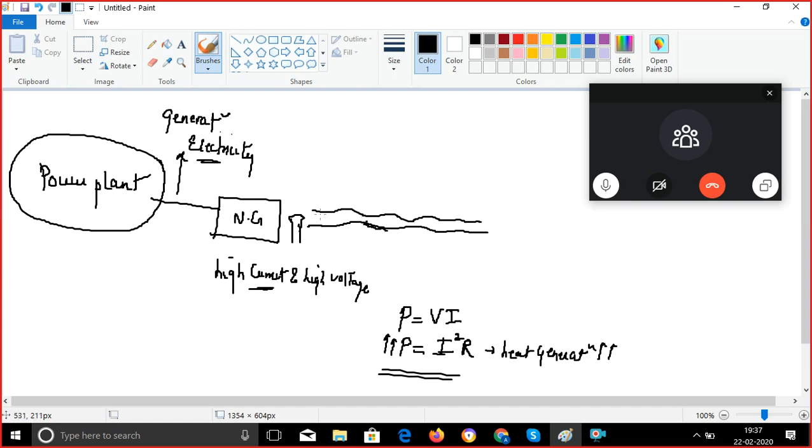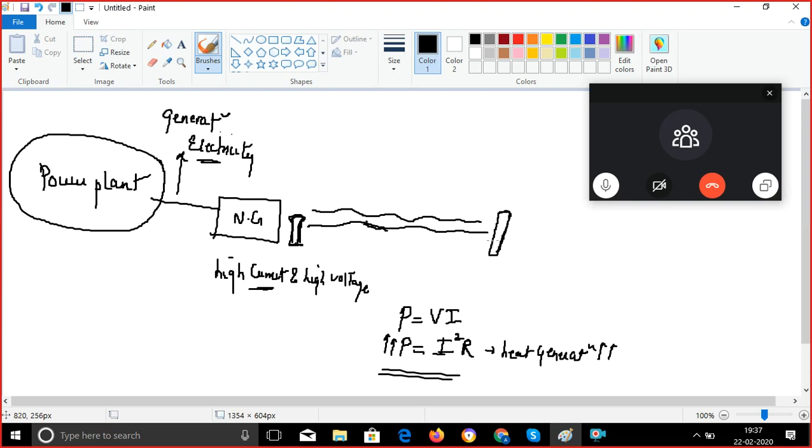That's why when they supply current, they use a transformer to change the voltage, so that the frictional losses can be minimized. And when it reaches our home, there also are transformers which change the voltage according to the requirement of the homes.